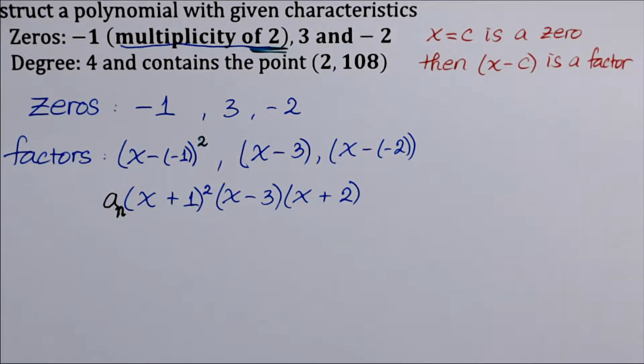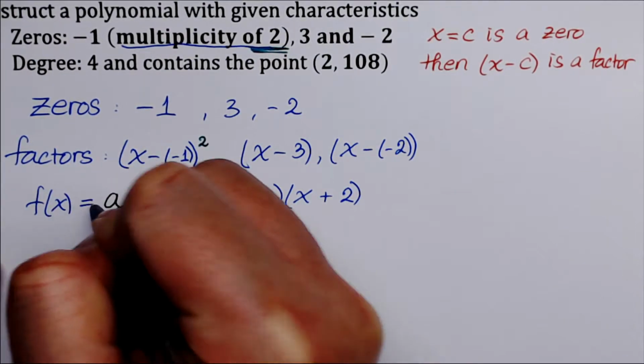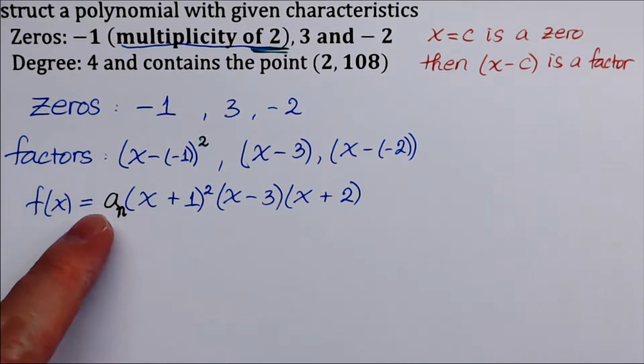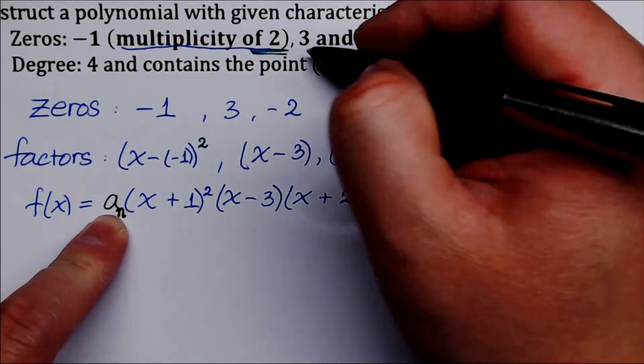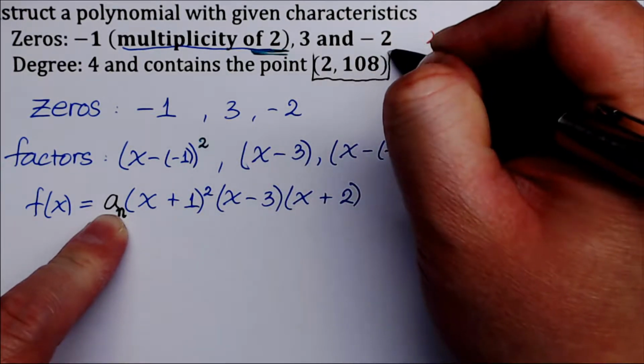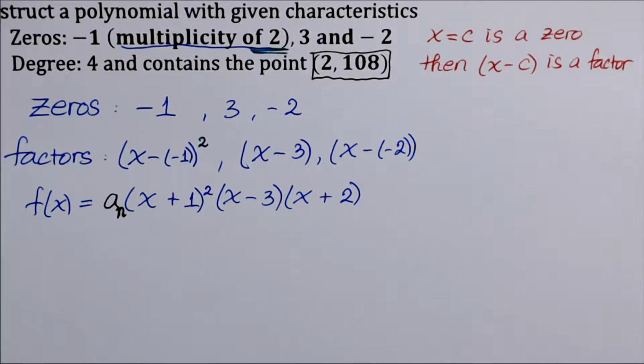So that is the polynomial we're trying to find. And now we just need to determine a sub n. Good thing that we are given this information here. So when x equal to 2, the whole function should be equal to 108.